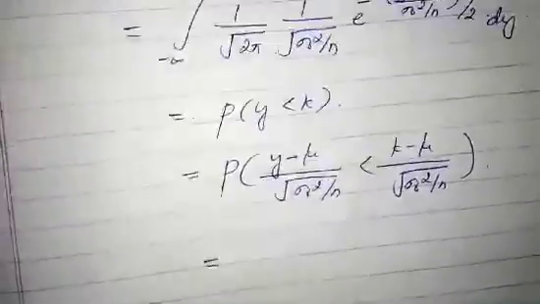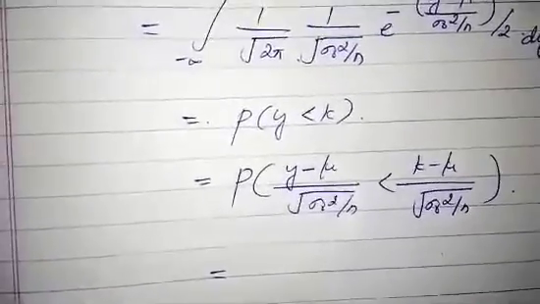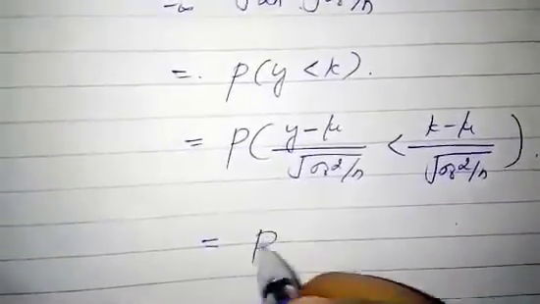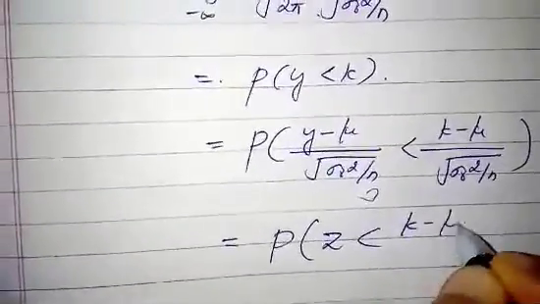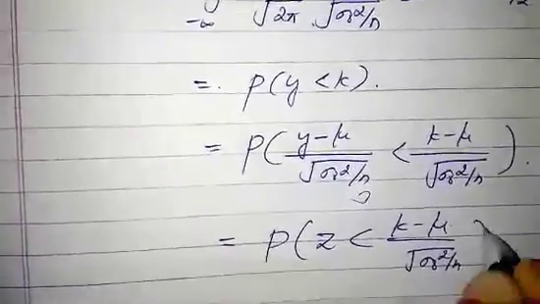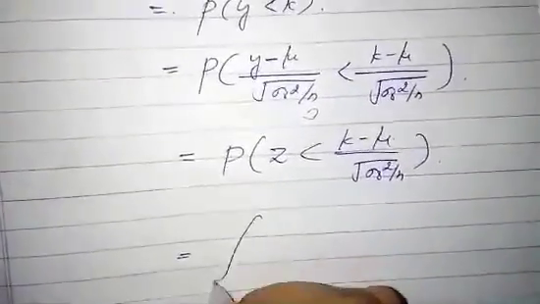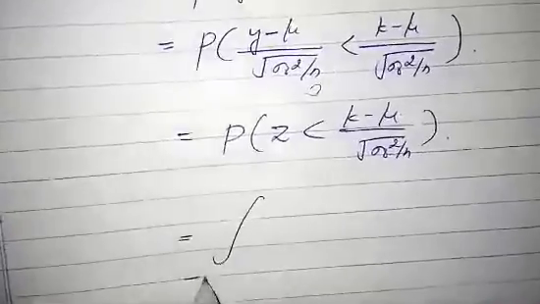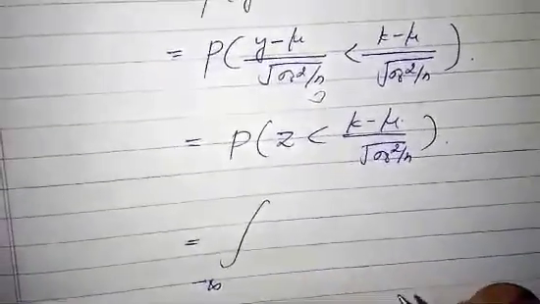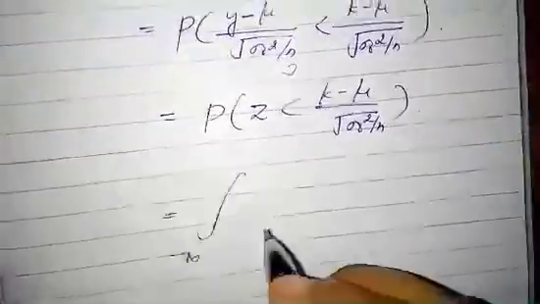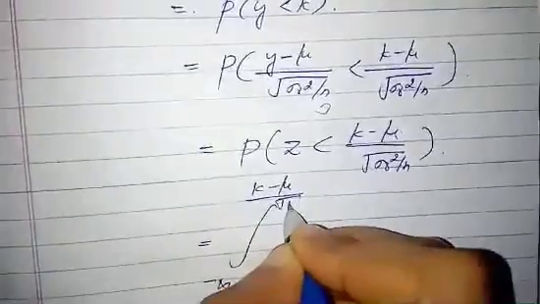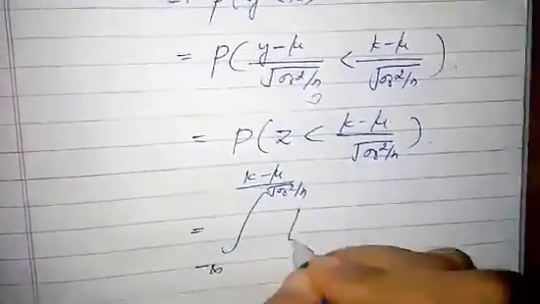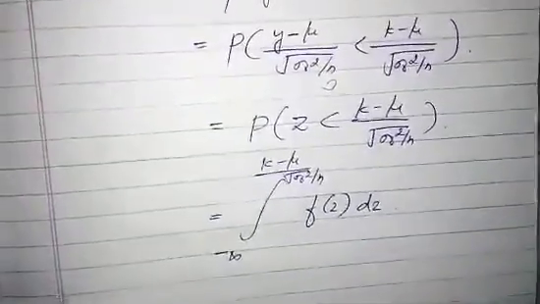Which is equal to what value? It's equal to probability of, this is z, standard normal variable. That is probability of z is less than k minus mu divided by square root of sigma naught square divided by n, which equals the integral from minus infinity to k minus mu divided by square root of sigma naught square divided by n of f of z dz.